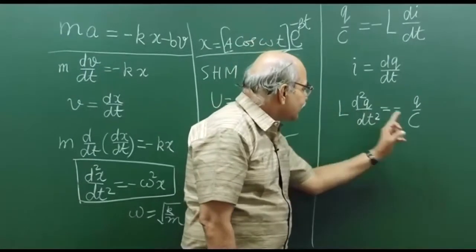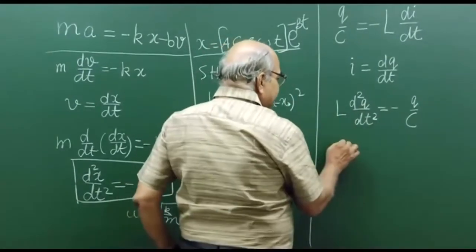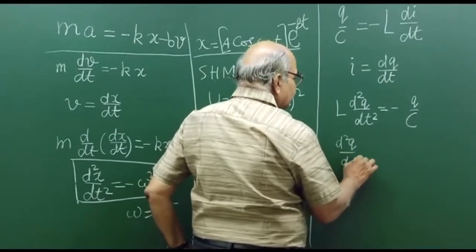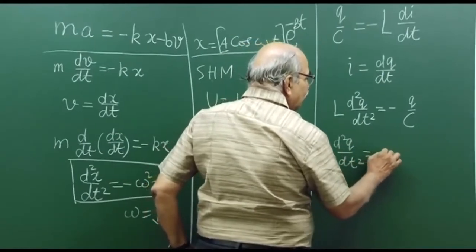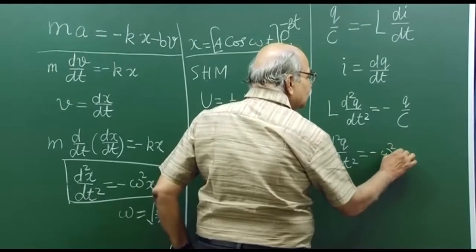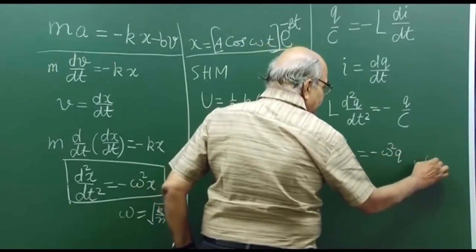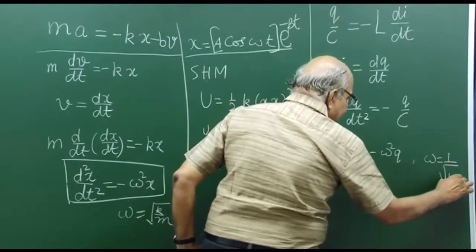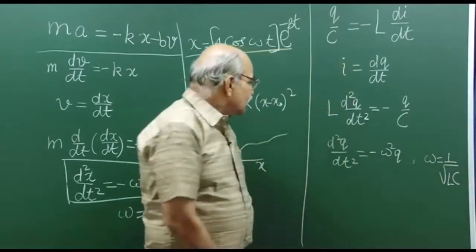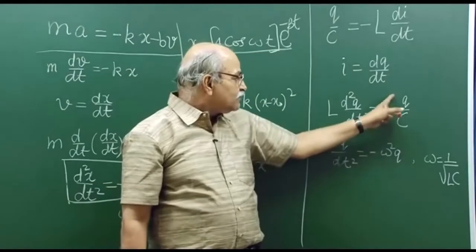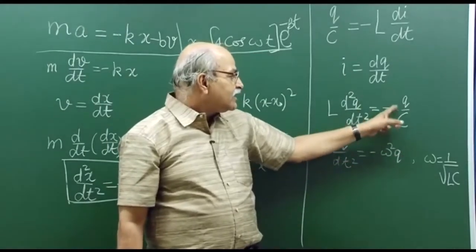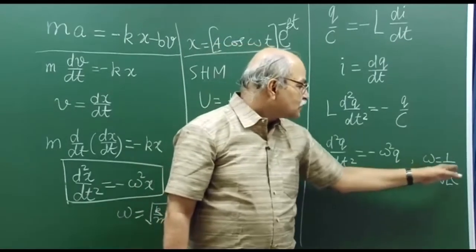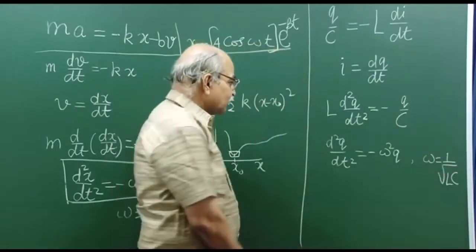If I take this L on this side, I have d2q dt square equal to minus omega square q, where this L goes here, so 1 by LC I write as omega square. So, omega is 1 by square root of LC.